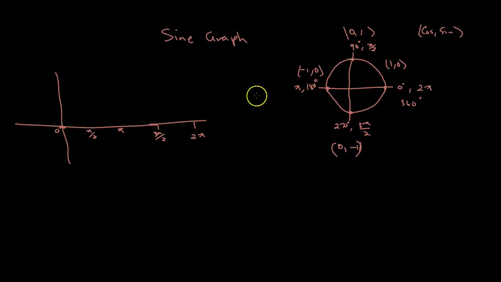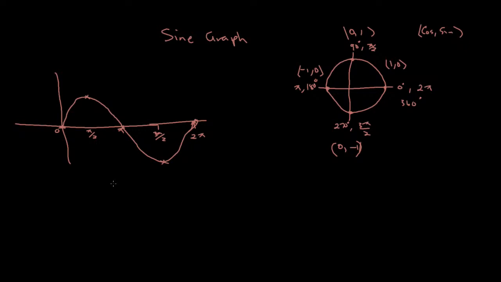And then at pi over 2 it's 1, so you can see that here. Then we get to pi, it is 0, we come back here. At 3 pi over 2 it is -1, so we come back here, and at 2 pi we get back to 0. So this is what the graph is going to look like. This is simply what our sine graph is going to look like.